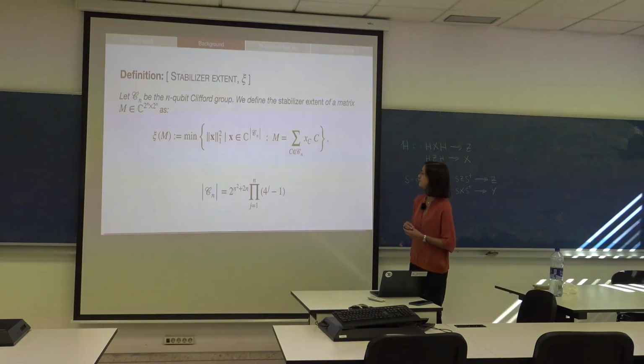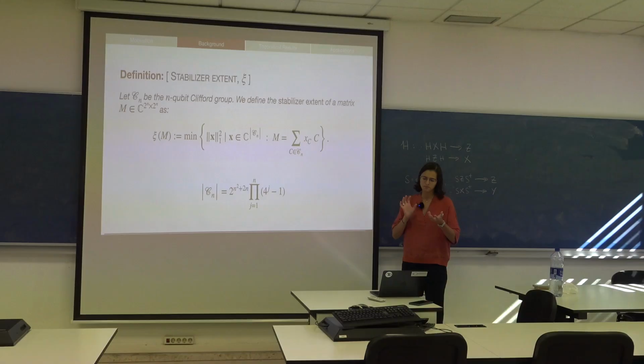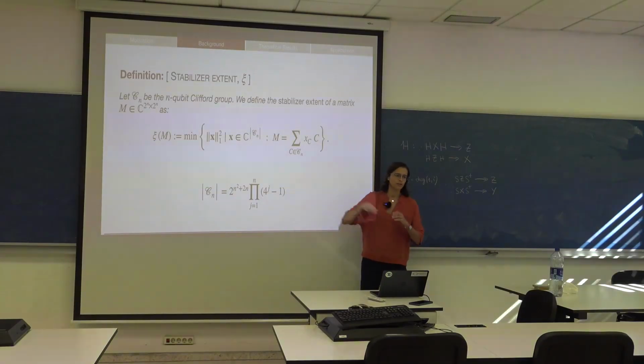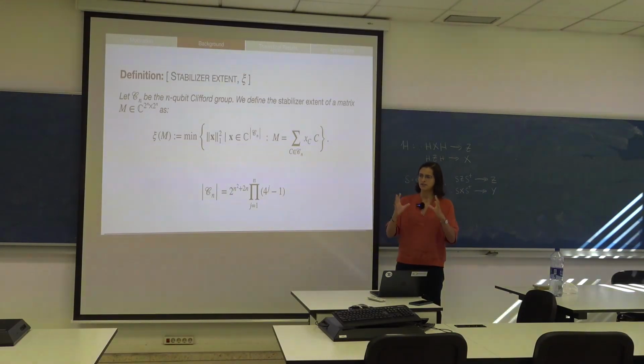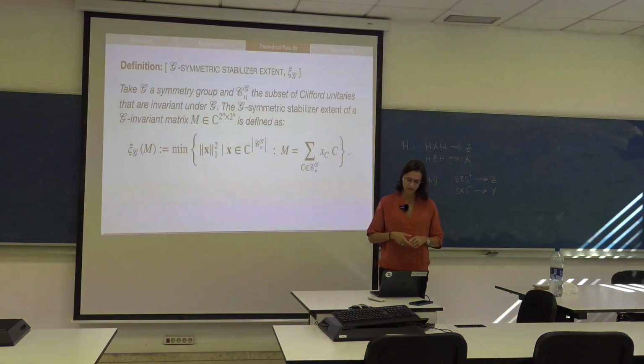So this motivates the idea that maybe the unitary that I want to decompose has some kind of symmetries that allows us beforehand to know that we don't need to search over the entire Clifford group. Maybe we just need to search over a subset of this group. And this will make the problem much simpler. And so now we get into our result.